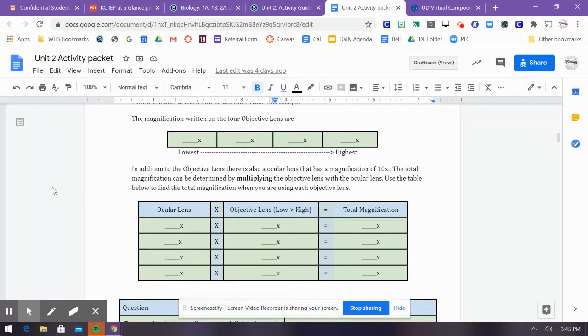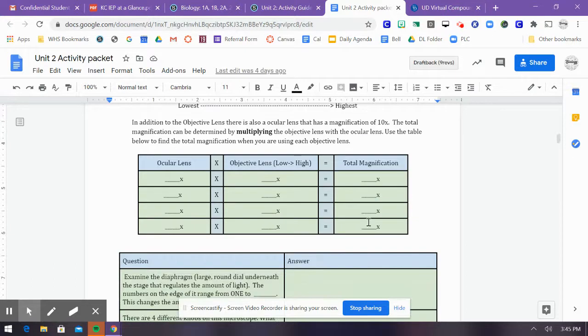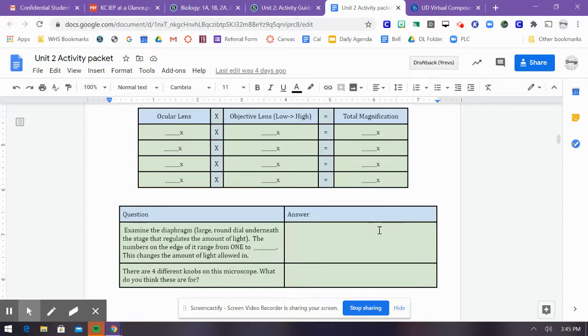In the tutorial, it does not talk about the ocular lens strength. However, I have talked about it right in here. So read that, and that will tell you what to put for the ocular lens strength. Then you're going to do a little bit of math and figure out what the total magnification was of this microscope and answer the questions.